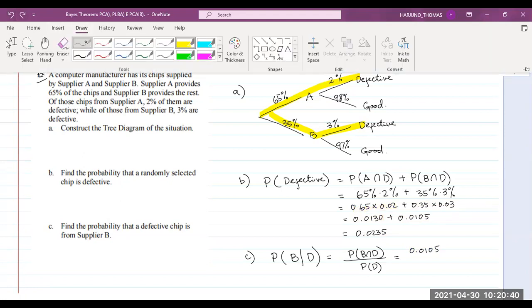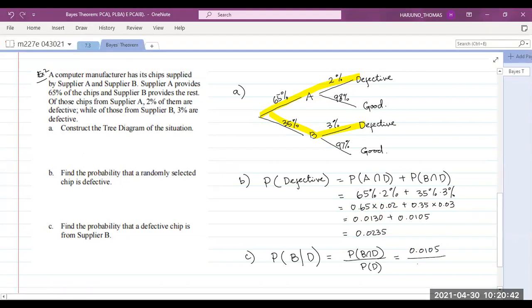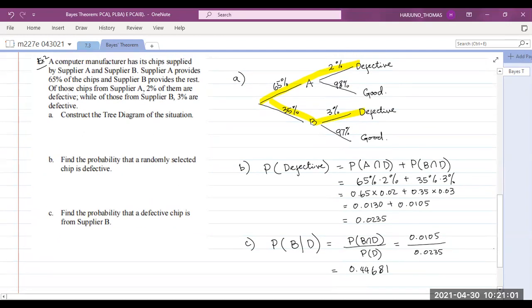Over 0.0235, which will be 0.44681. That's the probability that a defective chip is from supplier B.